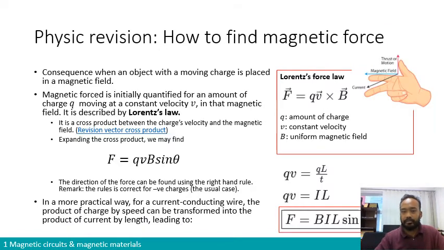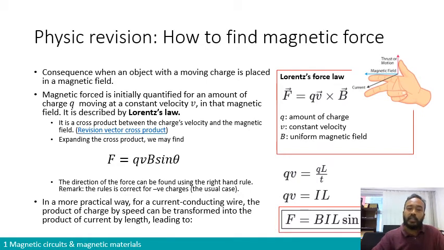We discussed that, and now there is something interesting that we talked about just now, magnetic force. Magnetic force is when you put something, a conductor for example, inside the magnetic field, and you may experience what we call magnetic force, right?